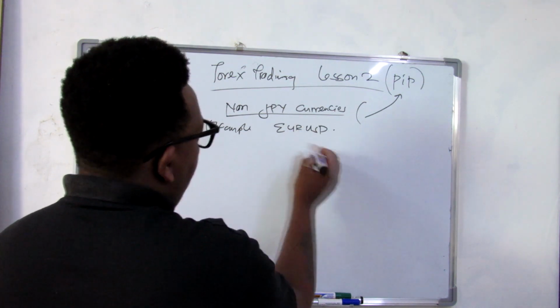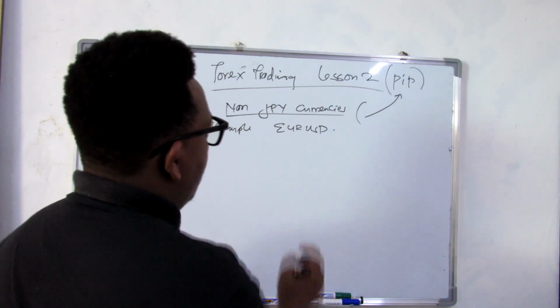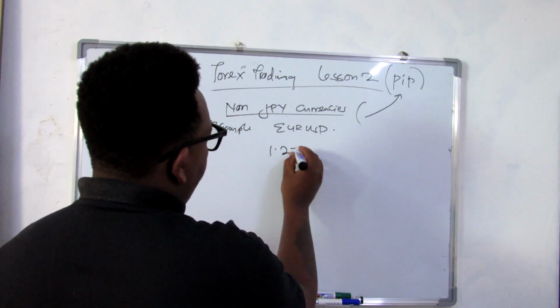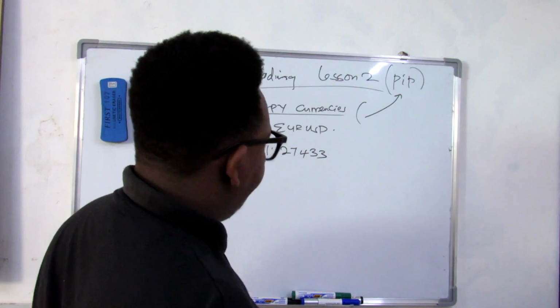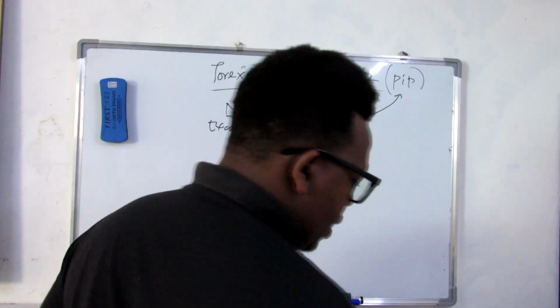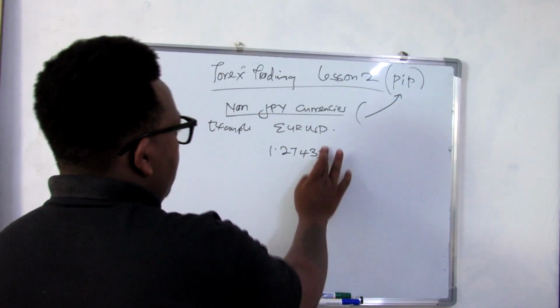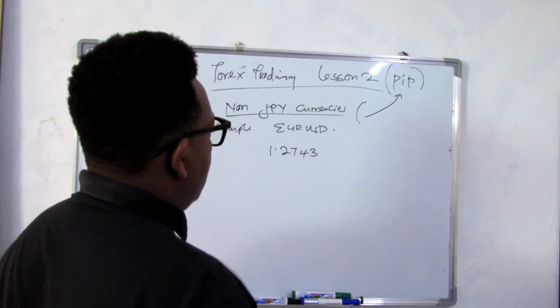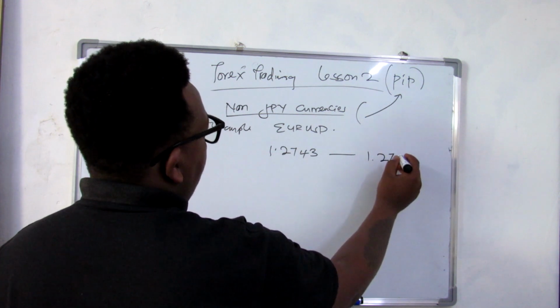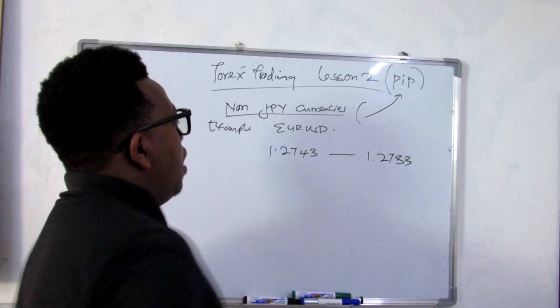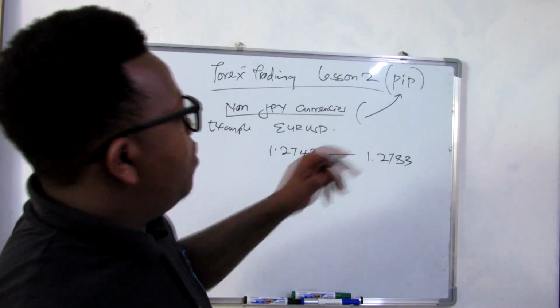For this case, let's say for an example, the market moved from 1.2743, and from here you realize, for instance, it's usually 4 decimal places, and then the market moved to 1.2783. So how do you calculate the number of pips in this one?